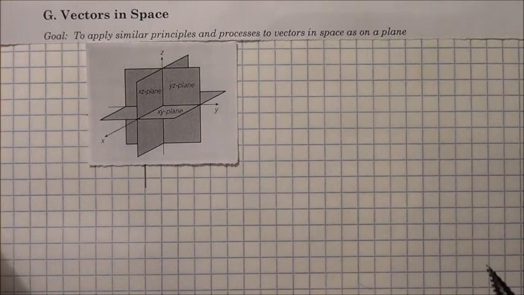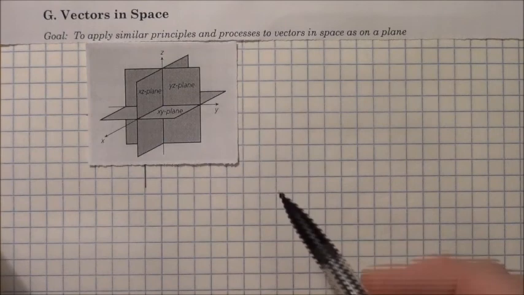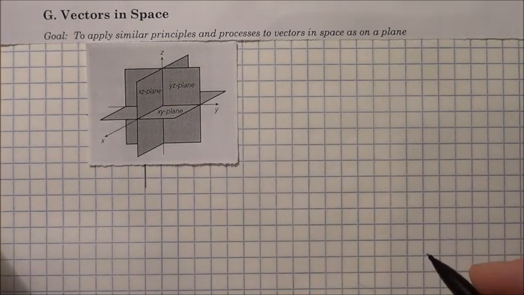When we draw points or vectors in three-dimensional space, we need to include what's called a parallelepiped.